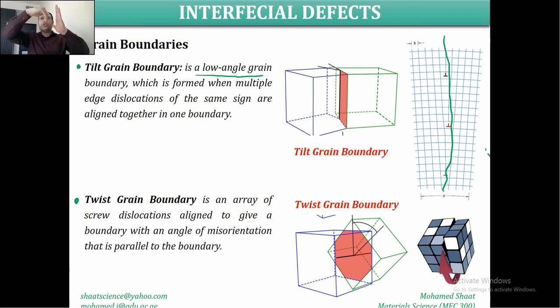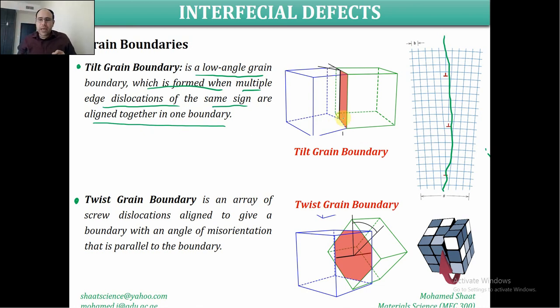When we added the dislocations one by one, each side rotated, so we have a misorientation, but the angle of the misorientation is very small. That's why it is counted as a low angle grain boundary, which is formed when multiple edge dislocations of the same sign are aligned together over one line to form one boundary.